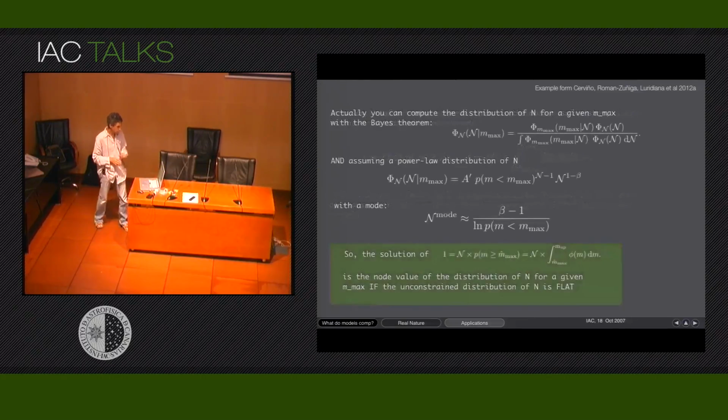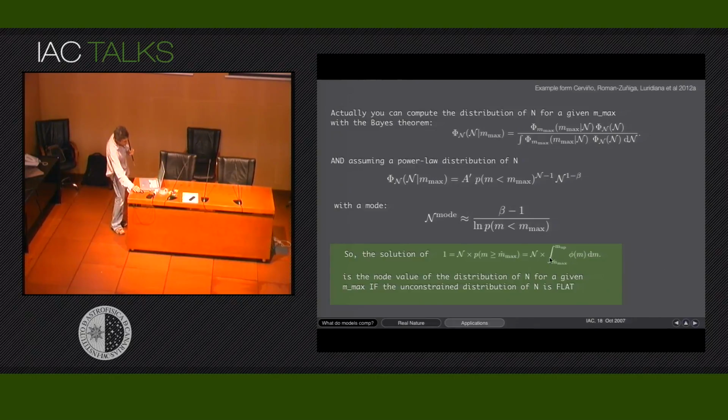What does it mean? In order to solve this equation and give it a meaning, you must use the Bayes theorem, etc. If you assume that the possible number of stars follows a power law distribution with an exponent beta, at the end you obtain that the mode of this distribution, compatible with an observed maximum mass, is given by this equation that is very, very similar to that one.